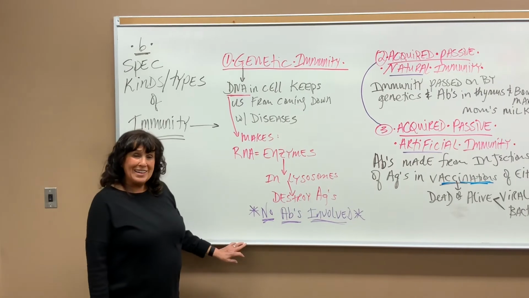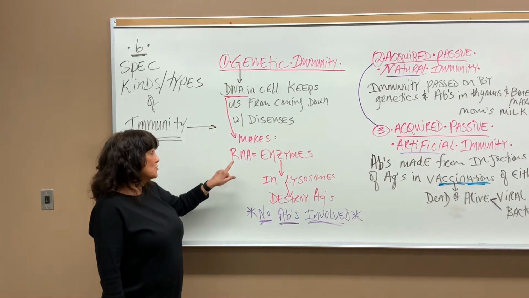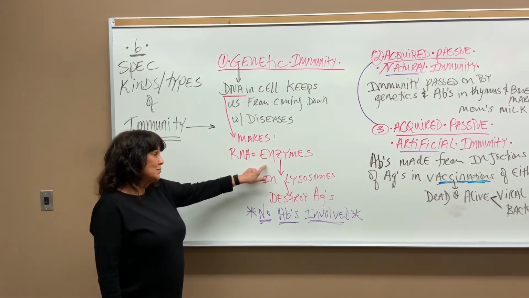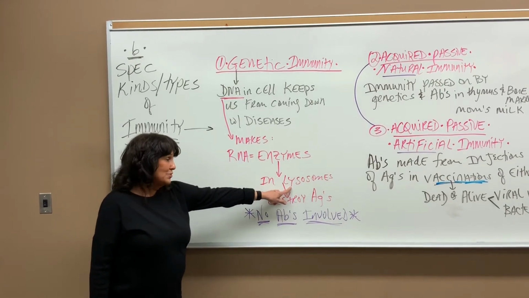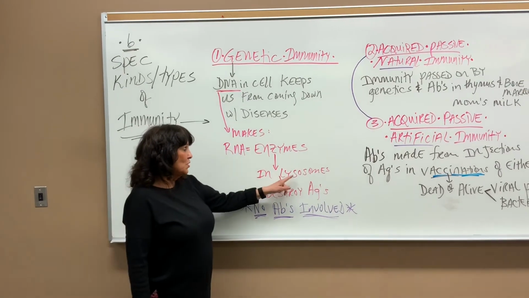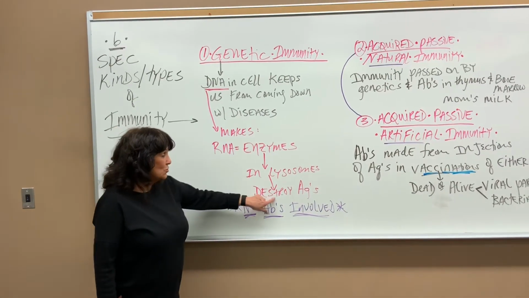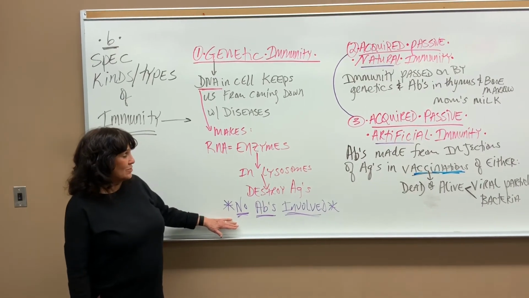And why does it? Because you have good DNA, and that DNA turns into great RNA, which makes the enzymes, and the enzymes go to the cell organelles called lysosomes, and the lysosomes release the enzymes to destroy invading antigens. So there's no antibodies involved.